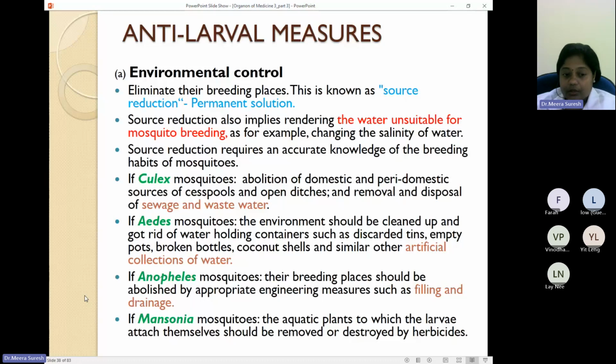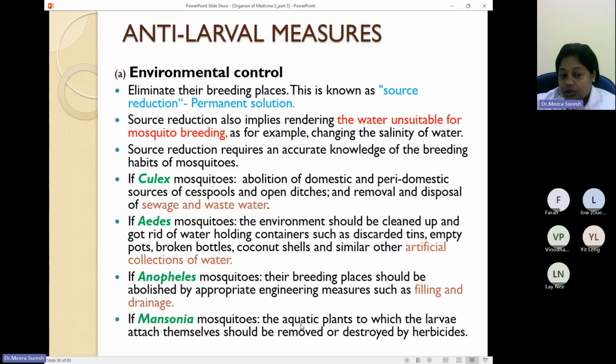And finally, the Mansonia mosquito. Mansonia does not depend on a particular type of water, but in all three stages until they become adult, they need some aquatic plants like pistia. It is on the pistia plant, its leaf and also the root part, that they get attached in the early stages.